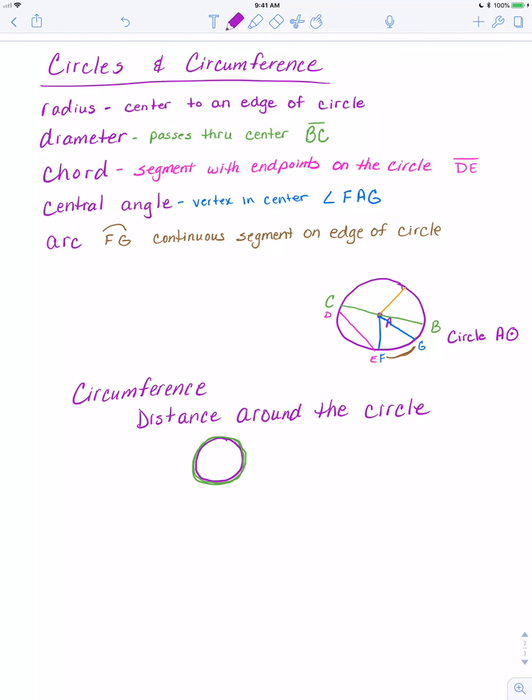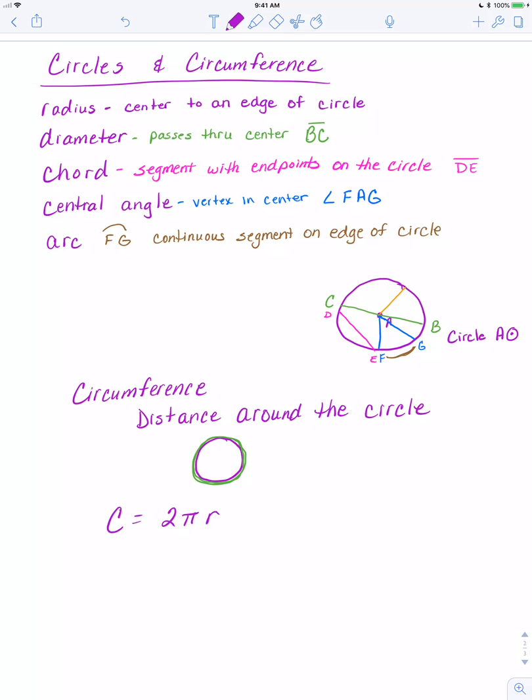Okay? And there's a formula to calculate the circumference, and that is always denoted with a capital C, 2 pi r.